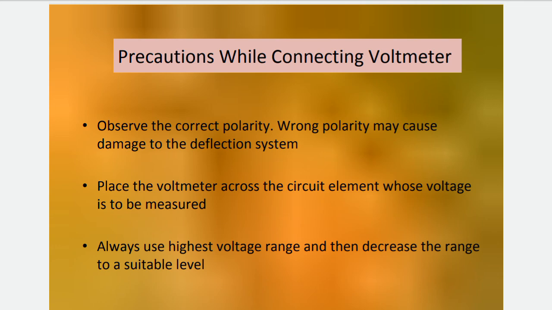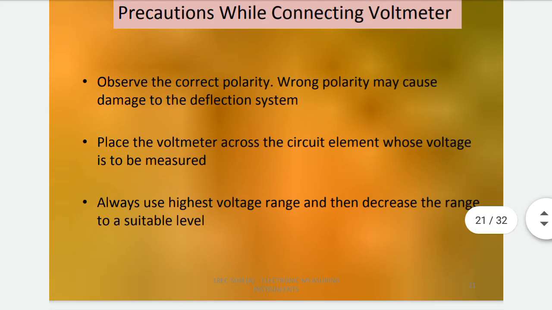So these are the precautions: the correct polarity, the voltmeter placed properly, and always use the highest voltage range and then decrease the range to a suitable level. These are the precautions while connecting the voltmeter.